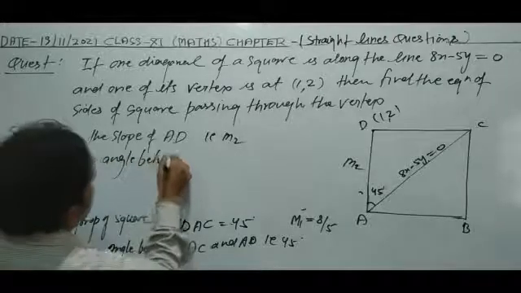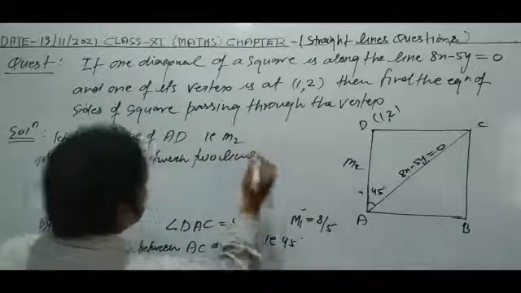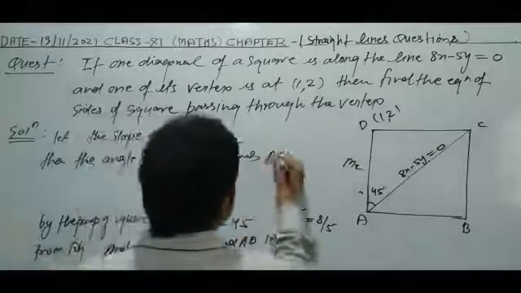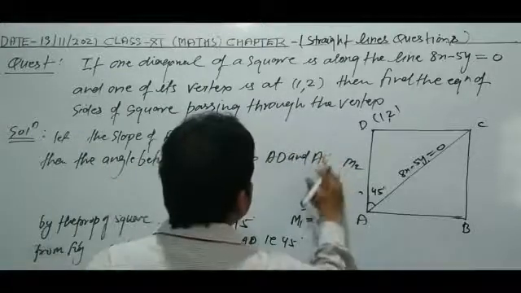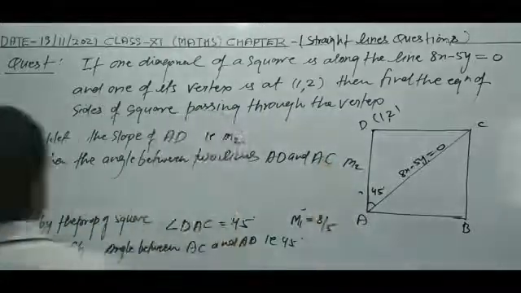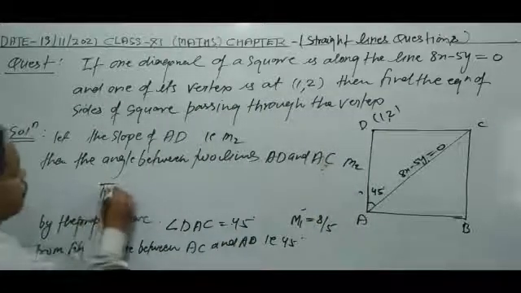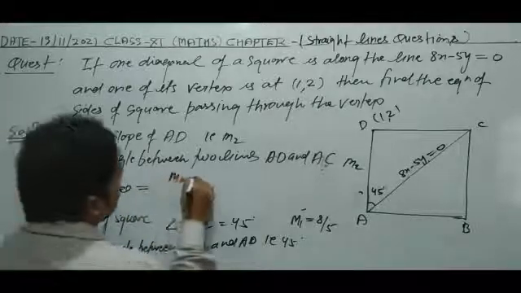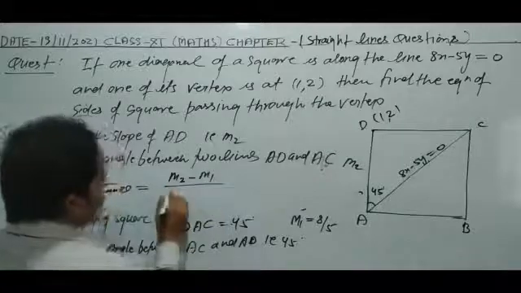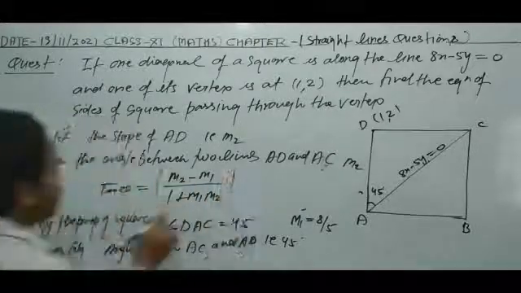Then the angle between two lines AD and AC, tan theta is equal to m2 minus m1 whole upon 1 plus m1 m2.